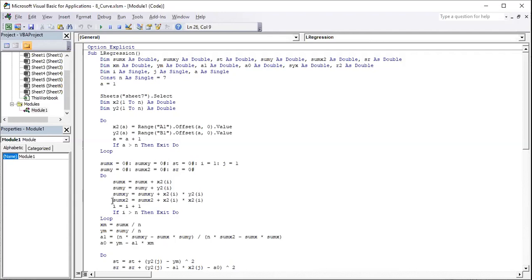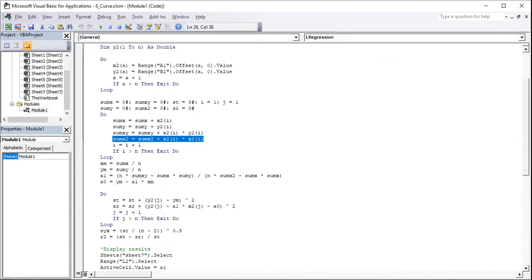Then this is the line that calculates the summation of X squared. The loop is going to keep on looping from 1 till N in order to calculate the different measures. So this is the ST, the standard deviation. Then SR is the sum squared that we want to minimize.